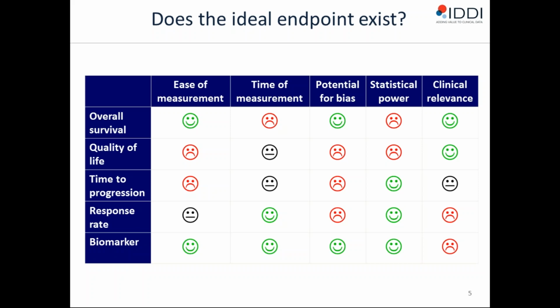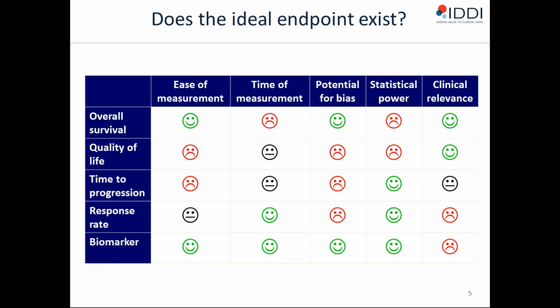But it suffers from some drawbacks such as the time needed to measure survival and therefore the number of events, and as a consequence the statistical power is often suboptimal when overall survival is used as primary endpoint. Quality of life has many other problems, such as the difficulty of measuring, exactly defining what quality of life is.